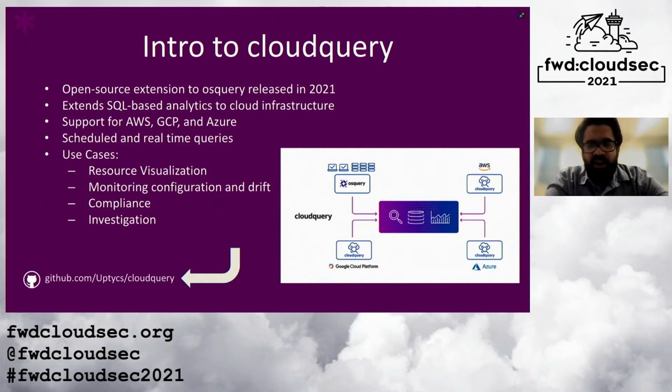Some of the use cases of Cloudquery are resource visualization. So it's really important to gain visibility in your cloud infrastructure, right? You might be having a lot of cloud accounts. They might be running a lot of services like EC2, RDS, creating a lot of S3 buckets, and you don't have any visualization, like how many instances are there, EC2 instances, for example, and if they're running in the correct region.